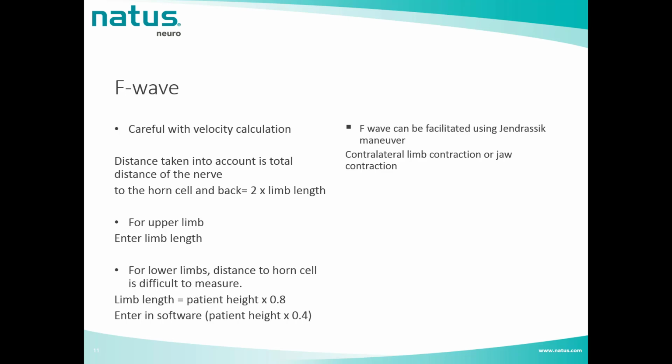For lower limbs, however, the distance to the root or to the whole cell is difficult to measure. Therefore, there has been a consensus to take as the limb length the patient height times 0.8. In that case, in the software, what we need to enter as a distance is the patient height times 0.4.